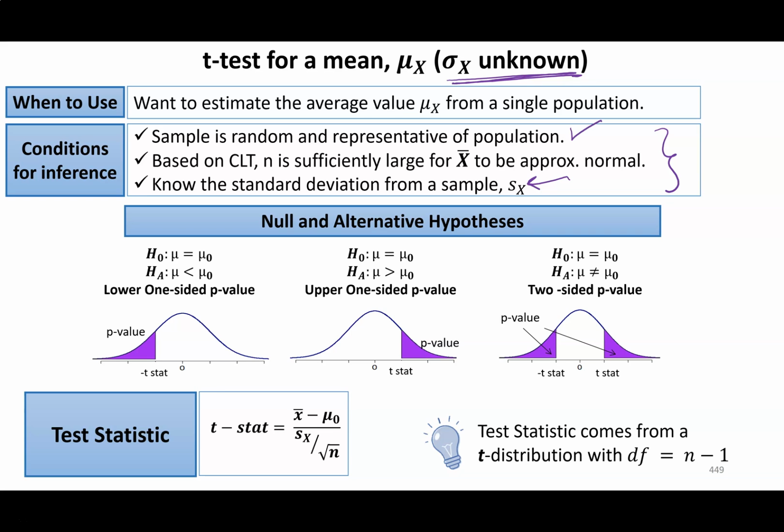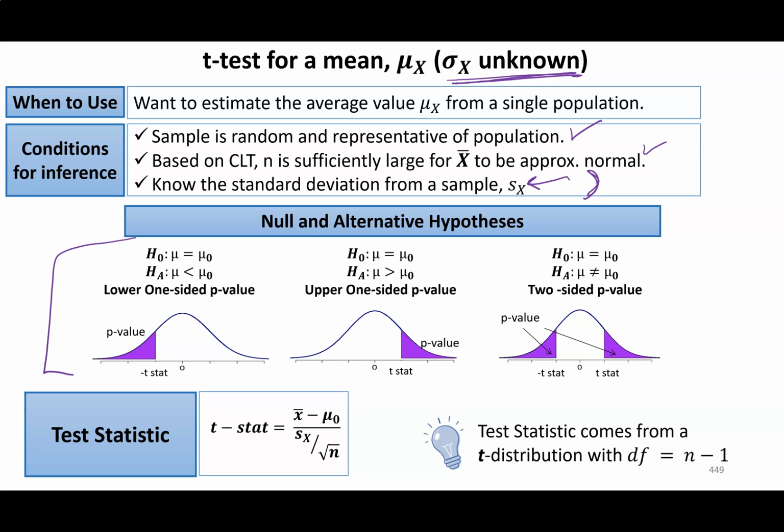So random representative sample, N has to be big enough, and we'll talk about how big of a sample size makes us happy most of the time. In general, rule of thumb, except for next week, 30 is almost always good enough if we're trying to test or do confidence intervals for a mean. And that's the key difference here, we don't know sigma.